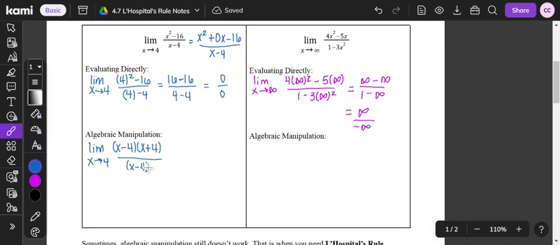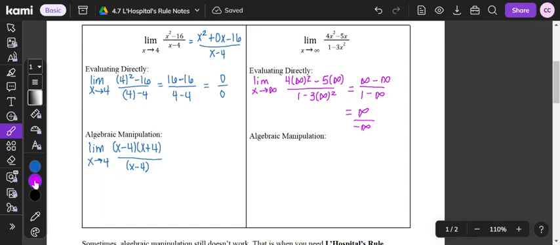And if you are not very confident in your factoring abilities, remember, I was looking for 2 numbers that when I multiply them together, I get negative 16. So that's why negative 4 times 4, that is negative 16. I'm also looking for 2 numbers that add up to 0. Negative 4 plus 4 is 0. So these are my 2 factors.